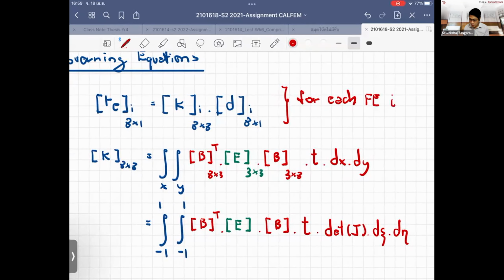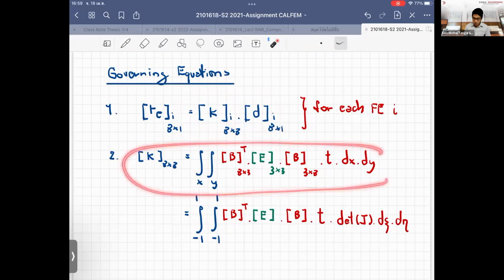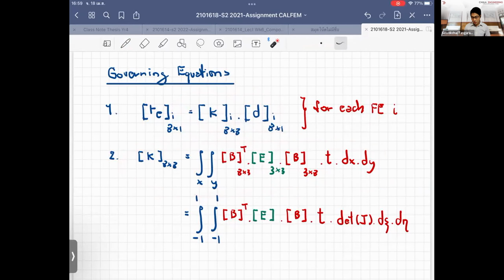If you have 100 elements, 1,000 elements, you have to construct the matrix K for thousands of them. Okay, and this is how you obtain it when you have the double integration.